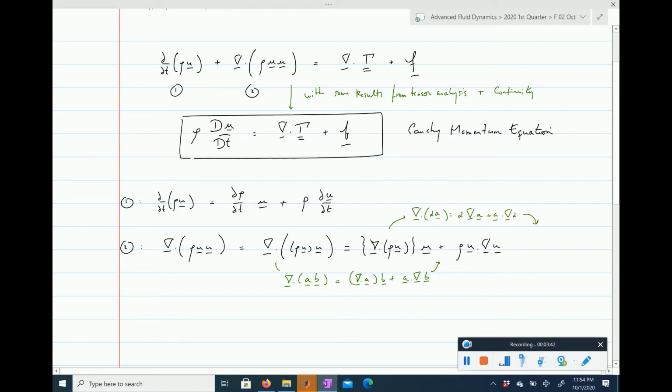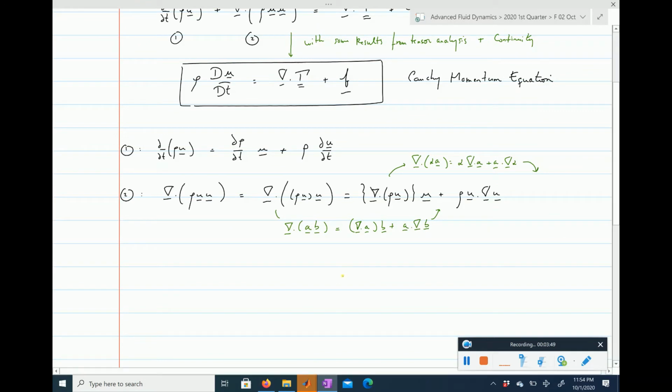Okay, so if I change this, then I obtain the divergence of u times u plus rho u grad u.